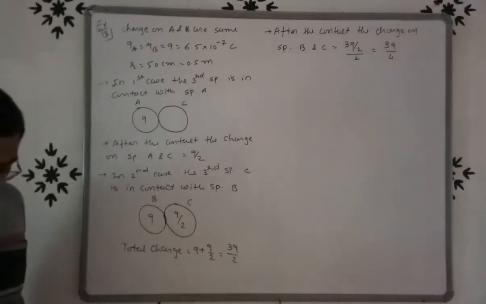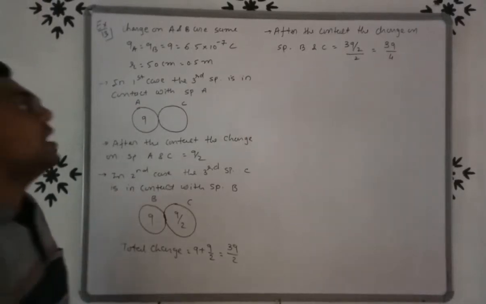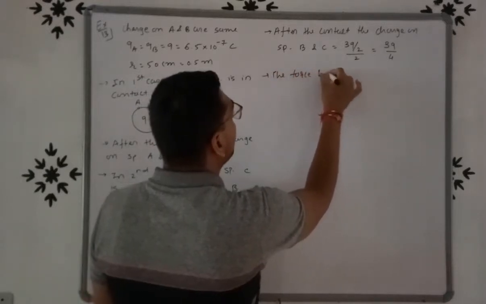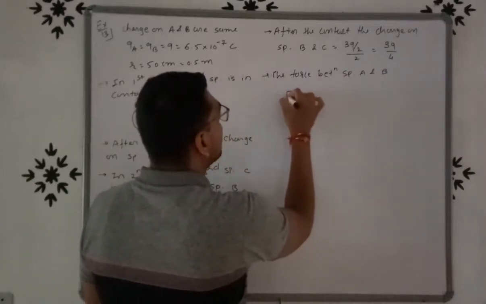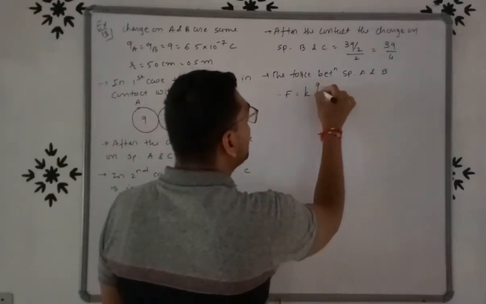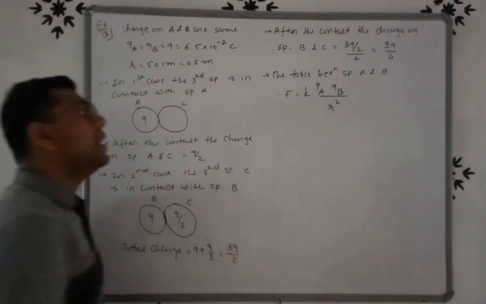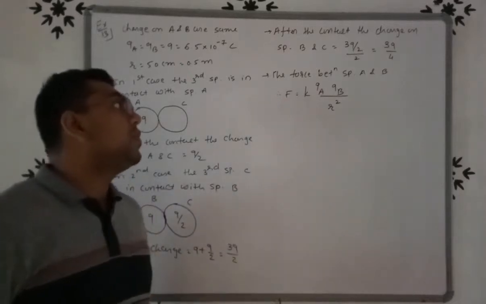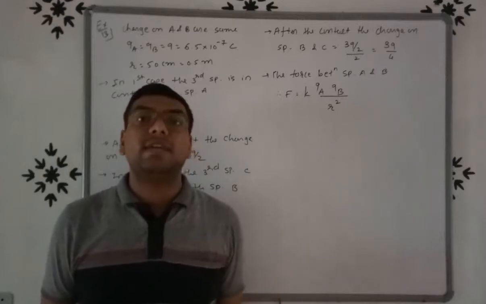Now as per the question we have to find the force between spheres A and B. The force between spheres A and B is F is equal to K into the charge on sphere A, QA, into QB upon R square. We have to find the force between sphere A and sphere B after the contact.